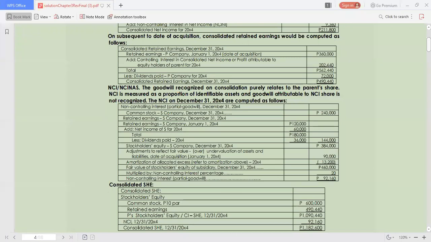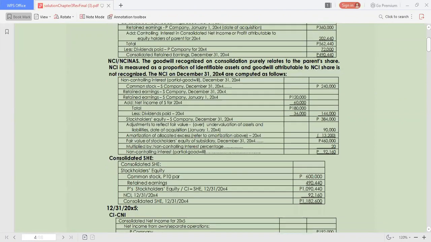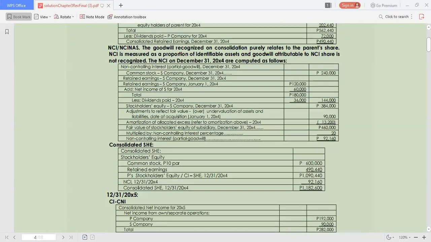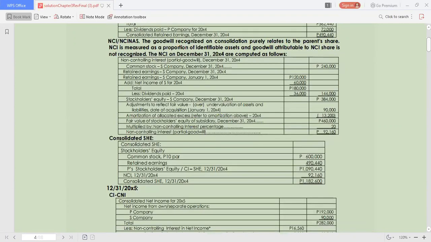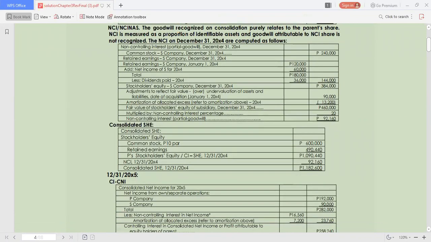We have 144,000. Then we have the stockholders' equity, 384,000. And we have the adjustments to reflect fair value over or under valuation of assets and liabilities. Then we have to deduct the amortization of allocated excess and multiply it by 20%, the fair value of the stockholders' equity.